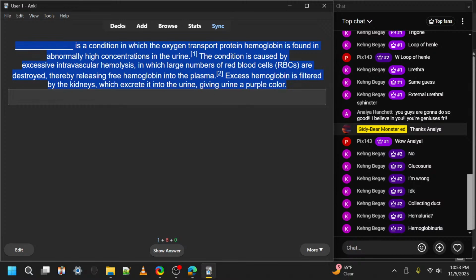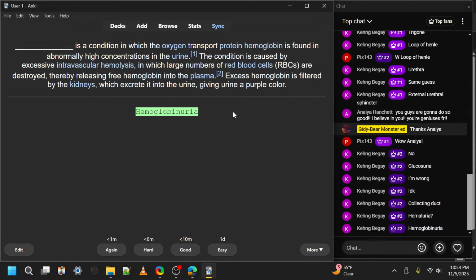Excess hemoglobin is filtered by the kidneys, which excrete it into the urine, giving urine a purple color. Gross, purple color. Alright, this is hemoglobinuria. Yeah, let's go, Kang. You got that.